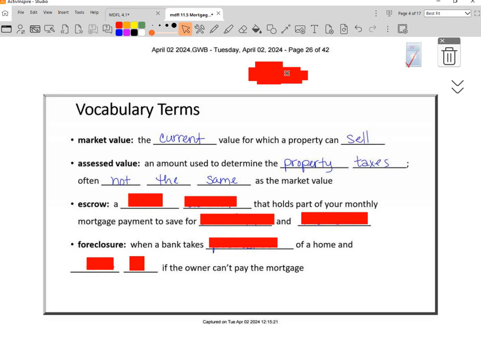Escrow. Does anybody know what escrow is? So an escrow, often called an escrow account, is an account that holds part of the money that you're going to actually owe to live in your house, but it's not actually part of your loan payment, right?